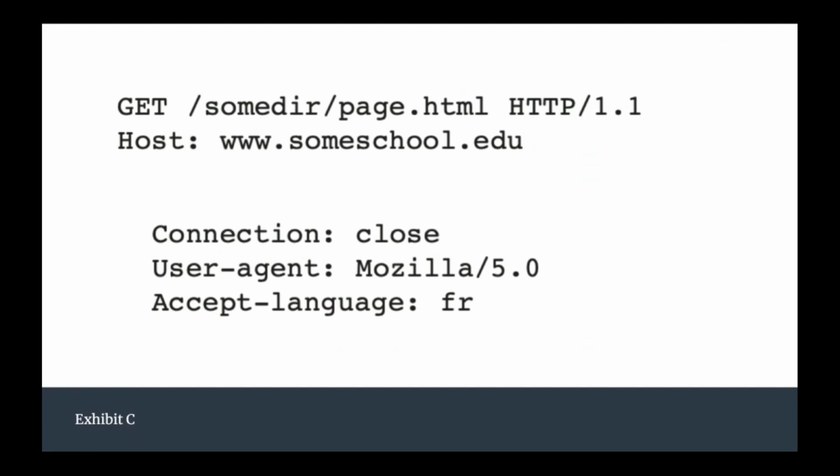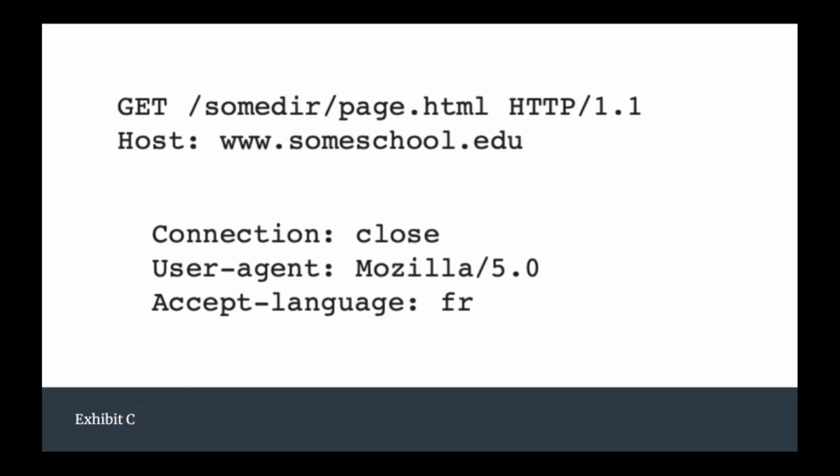Then the URL is some dir/page.html. The host is basically the host server. In the web browser, this would be www.someschool.edu/somedir/page.html. And for connection close, you don't need to worry about that.